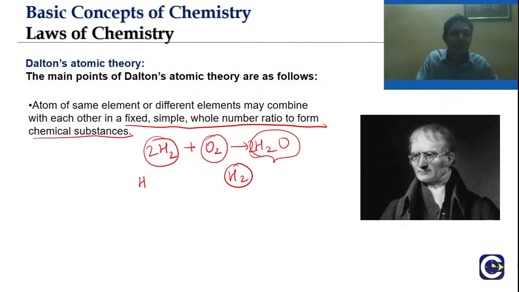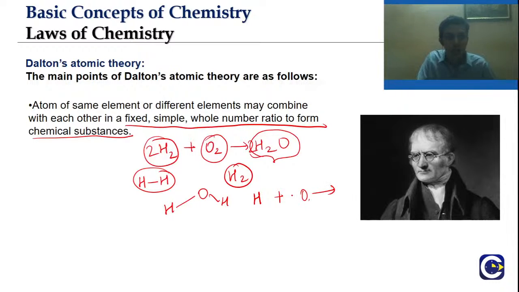In the same way, why will hydrogen try to form a bond with the same hydrogen atom? It cannot. It can only form a bond with another atom. So that's what Dalton's conception was. According to him, two hydrogen should combine with oxygen to give one water. So this is what his idea was.